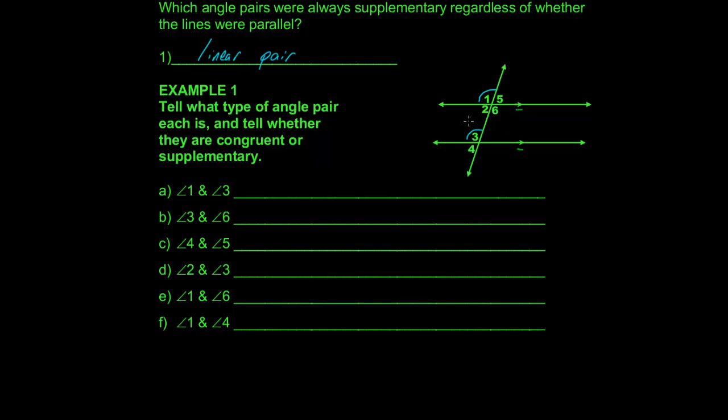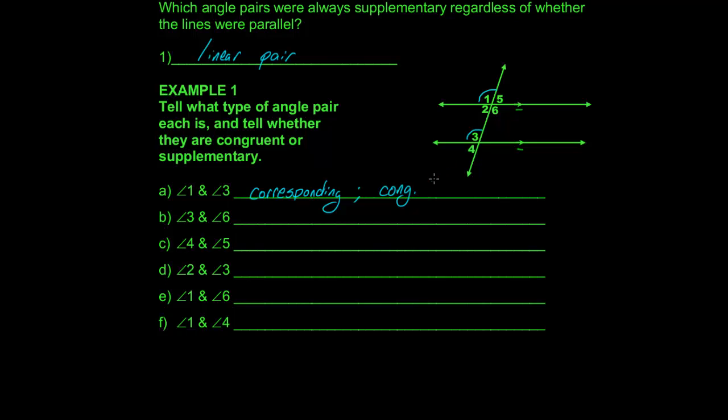So, 1 and 3, what type of angles are they to begin with? They are corresponding. They're on the same side, but they are neither both on the interior nor both on the exterior. So, corresponding. Now, are they congruent or supplementary? They are congruent.